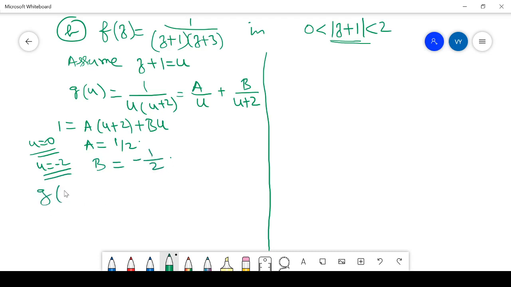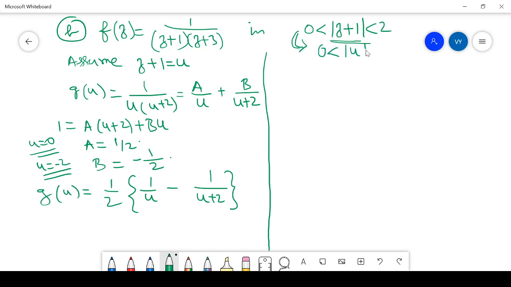So g of u will be 1 by 2 times (1 by u minus 1 by (u plus 2)). Because I have assumed z plus 1 as u, the validity becomes 0 less than mod u less than 2.